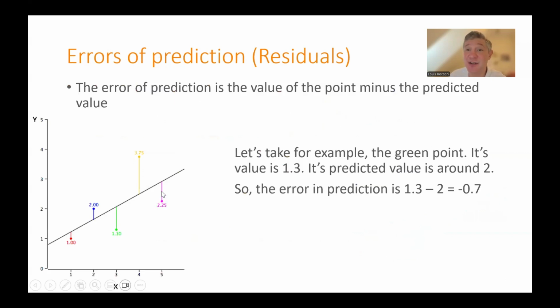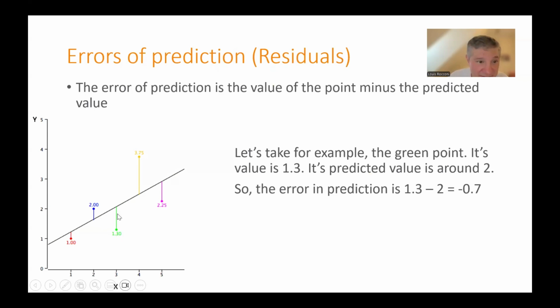This distance here that's being minimized is what we call our errors of prediction, right? The error is the distance between each point and the line. So you can see the green dot here, this one right here. Its value is 1.3.